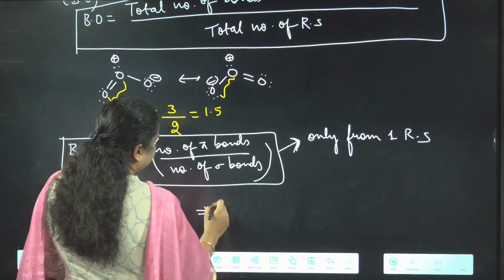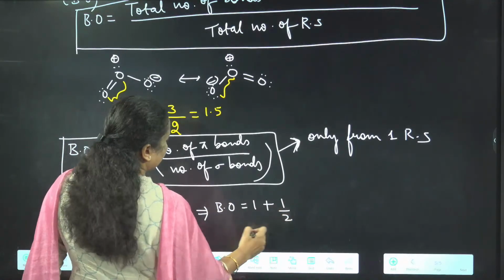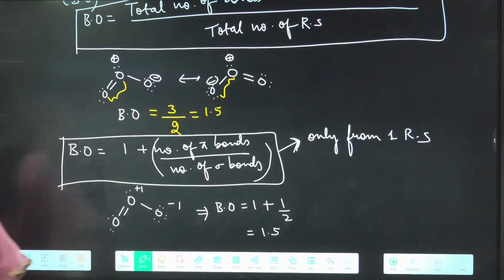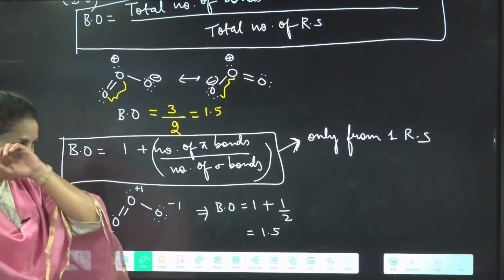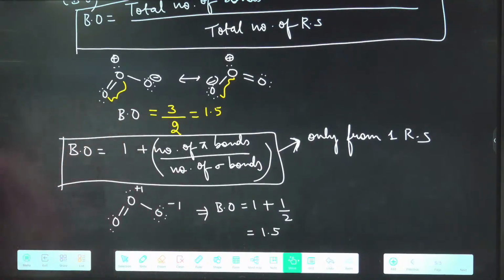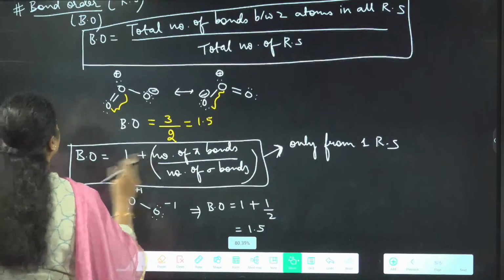How many pi bonds here? Only 1. And how many sigma bonds? 2. So did you get 1.5 bond order? Simple. Apply this only for the RS, okay? That means where resonance is possible. Write this, then we'll proceed further.